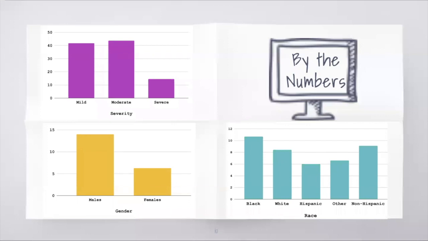So this is the prevalence of ADHD by the numbers, broken down by severity, gender, and race. Starting with severity, by that we just mean whether they have it on a very intense level or if it's just moderate. As you can see by the first graph in the magenta color, the majority of students that have ADHD have either mild or moderate cases.